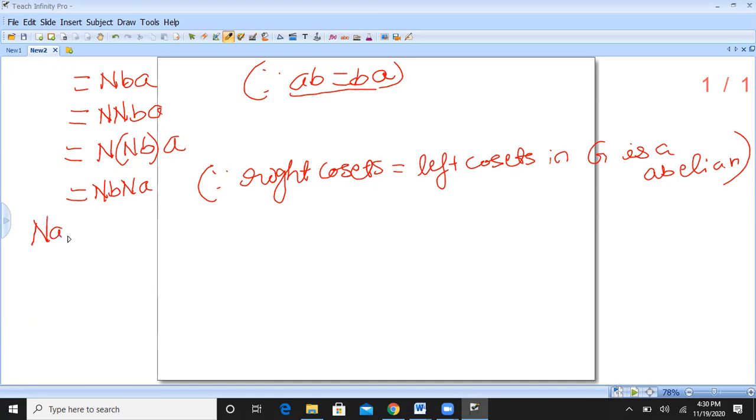that is NA into NB is equal to NB into NA.